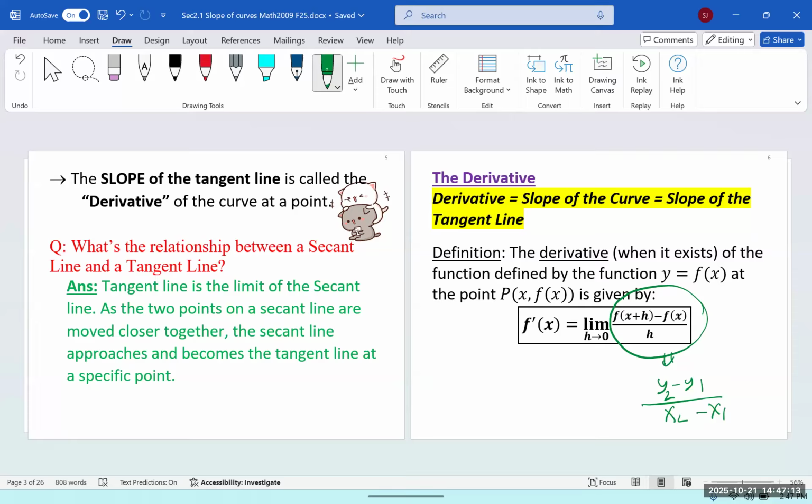And that equation is called the derivative of the function. So by definition, the derivative of the curve is the limit of the slope of the secant line. This is the definition of the derivative.